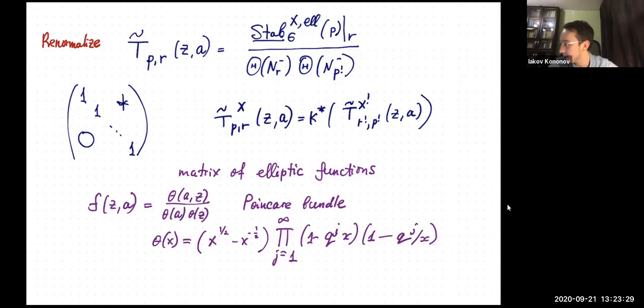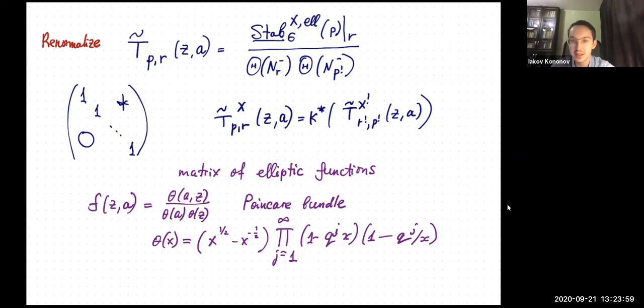Then it follows that if we apply the kappa automorphism, then this matrix for the variety X and the dual variety is related in this way. And it is some matrix of elliptic functions, and we will now consider various limits of this matrix.